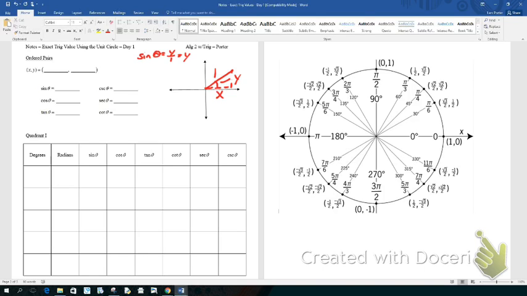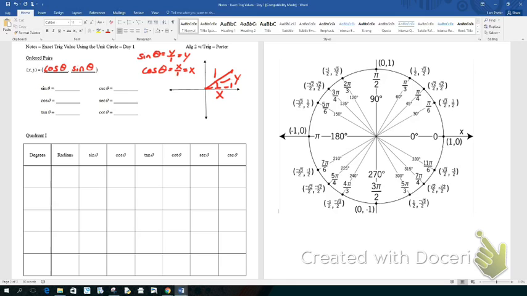We can say y is equal to sine of theta. All right. We can also say that cosine of theta is equal to adjacent over hypotenuse, which would be x over 1, which is just x.